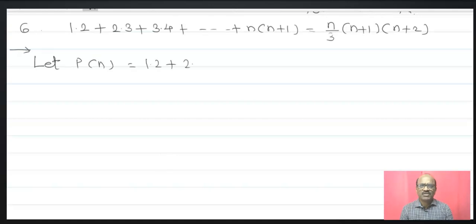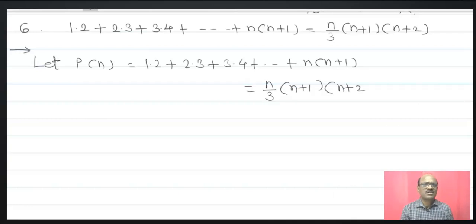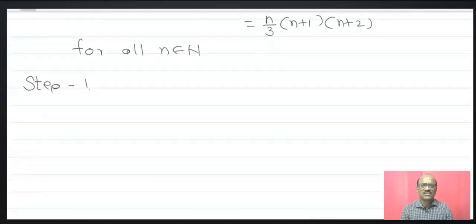Now let here P of n is equal to 1.2 plus 2.3 plus 3.4 plus dash dash plus n in bracket n plus 1 is equal to n upon 3 into n plus 1 n plus 2, for all small n belongs to capital N. This is the step number 1, that is called the foundation.